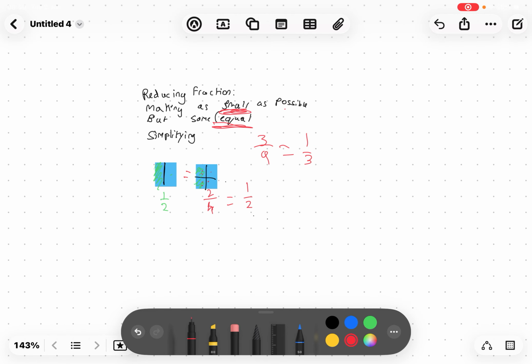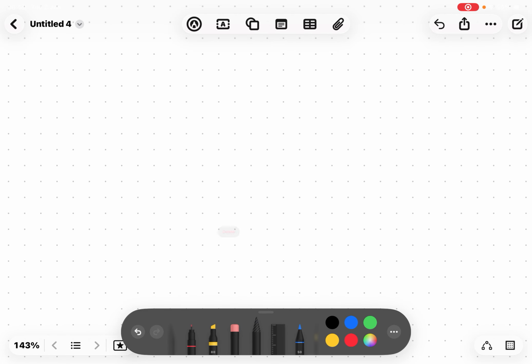The way you need to know this is by using the greatest common factor, GCF. Actually, you do need the greatest common factor.